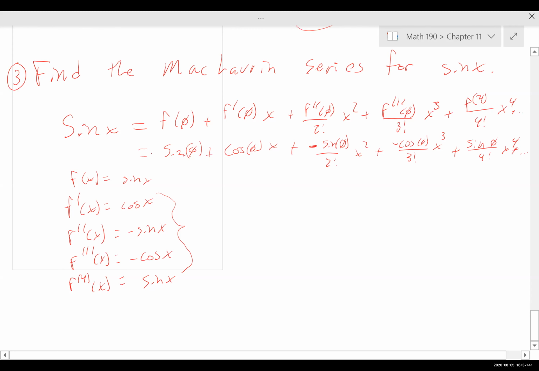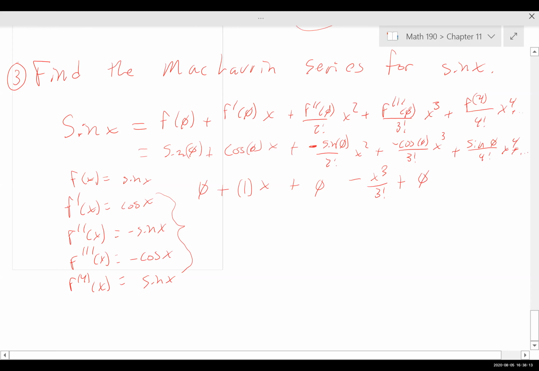So what is the sine of 0? Well, the sine of 0 is 0. So this becomes 0. What's the cosine of 0? 1. This becomes 0 times 1x, plus, this is negative 0, so that whole thing goes to 0, minus 1 over 3 factorial, or I'm going to put x cubed over 3 factorial, plus the sine of 0, that's again 0, and then I'll do the next one here.